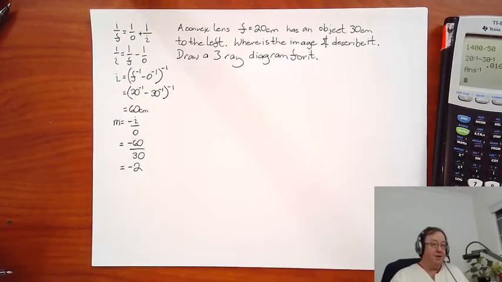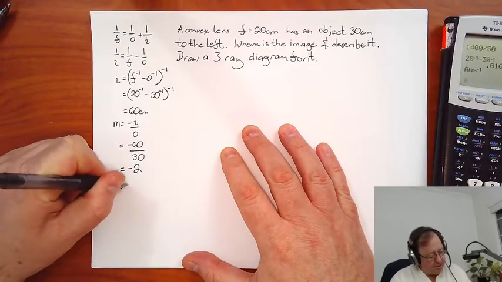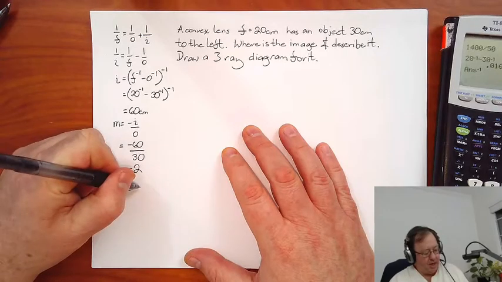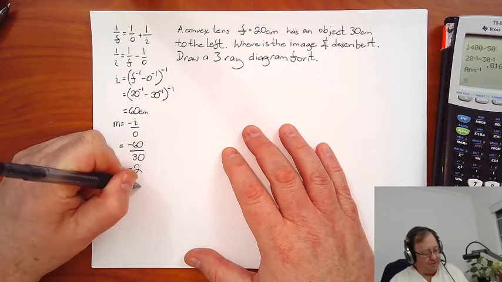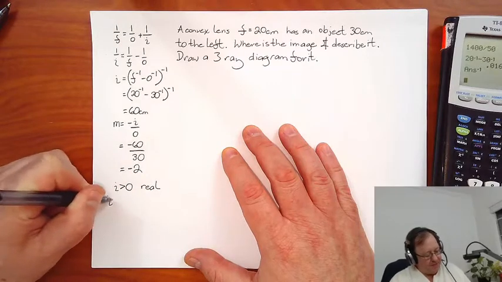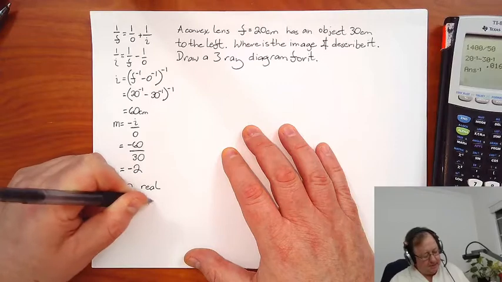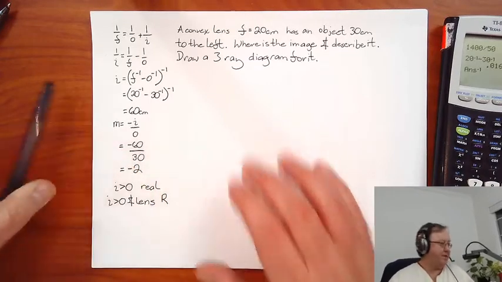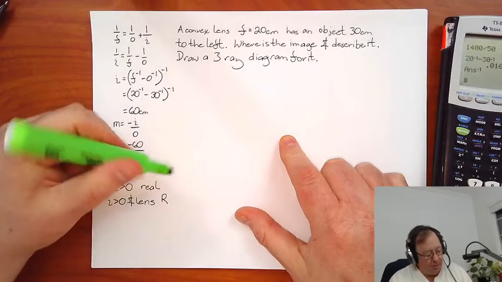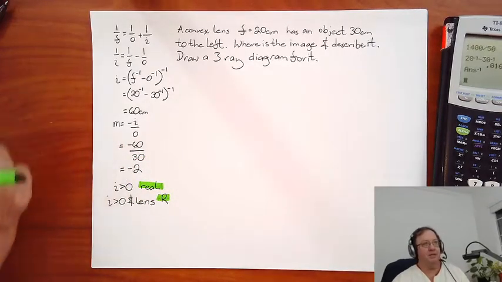Now, here are the things. If the image distance is greater than 0, which is what it is, then the image is real. If the image distance is greater than 0 and it's a lens, it's to the right. So we have two of these things. There'll be a video later where I just crank out all these meanings.